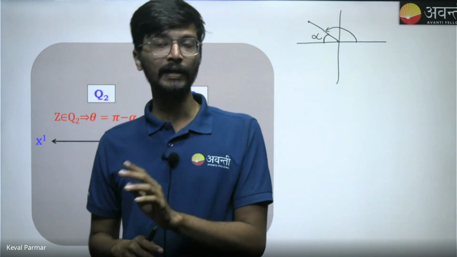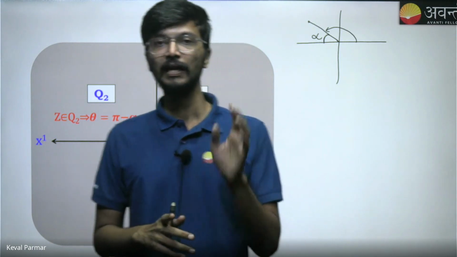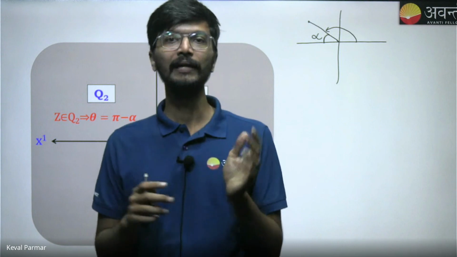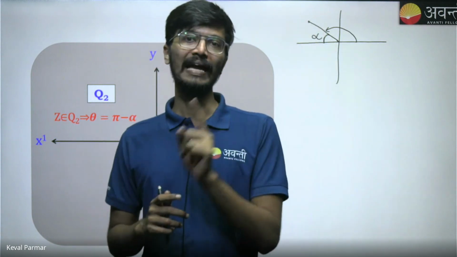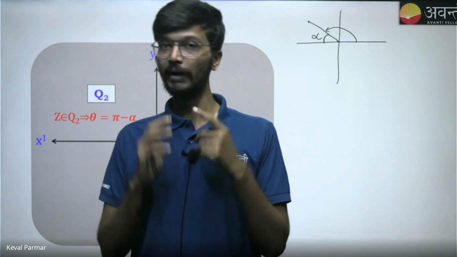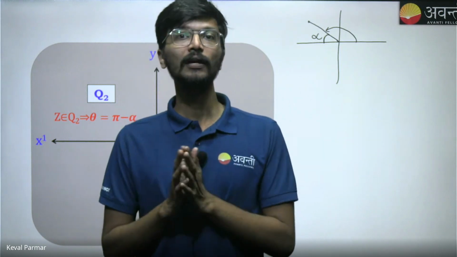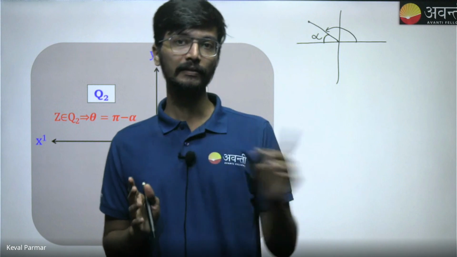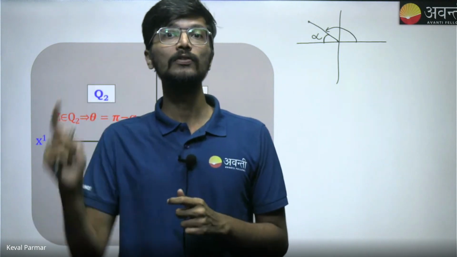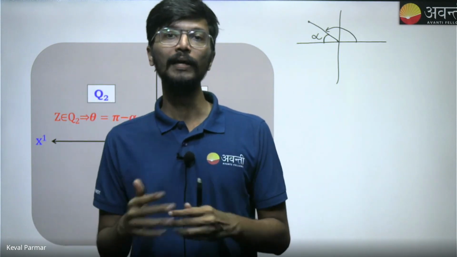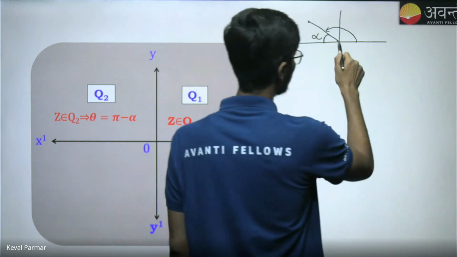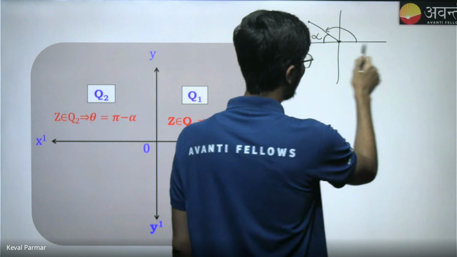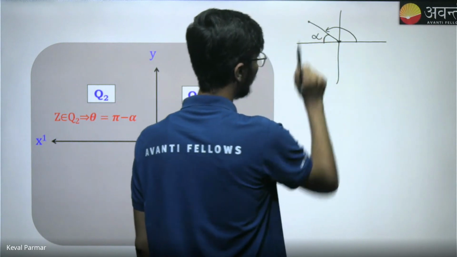While for argument, please listen to me very carefully, alpha is the angle made by the segment OP with the x-axis, but argument is the angle made by this segment with the positive x-axis. So here this is the positive x-axis and this is the angle made by this segment.